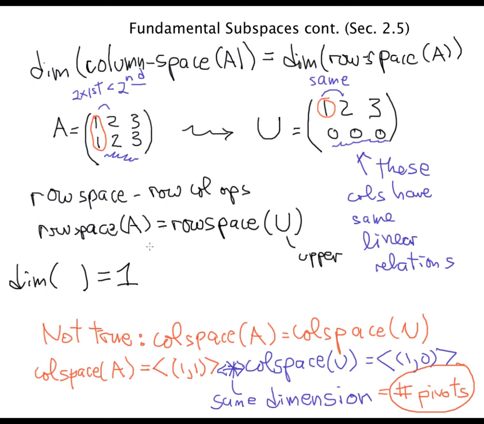And so remember, the dimension of the row space was given by the number of pivots, because that's the number of rows of the row echelon form. That's this one row. And when you're looking at the columns, you count the number of pivots to get the dimension of the column space. And so those two numbers are the same. Okay, so that's the key fact that's behind all of this.